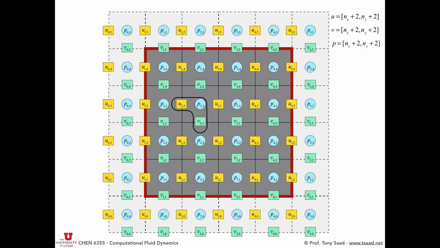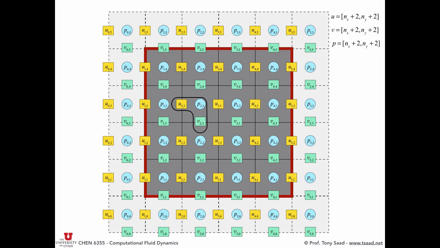It makes sense to start indexing from the bottom left corner. That's the logical indexing that we humans think of, and with Python indexing that's going to be 0,0. We start inside the ghost cell all the way to the upper right corner, which is the other side ghost cell.